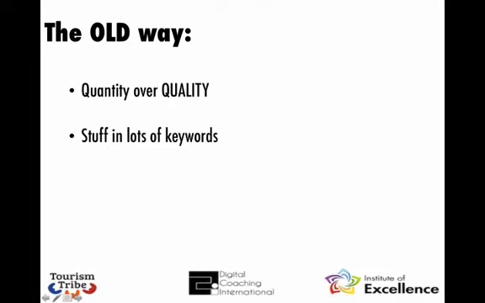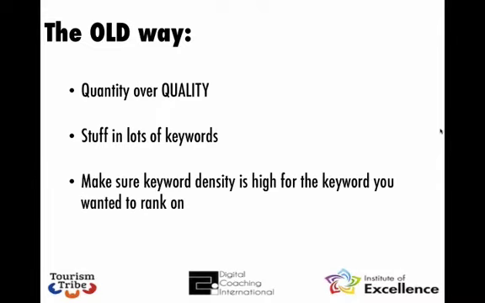Even now I've noticed some competitors of mine throwing their name into the content to get the ranking. It was always making sure keyword density is high for the specific keyword that you wanted to rank on. That's old school SEO.